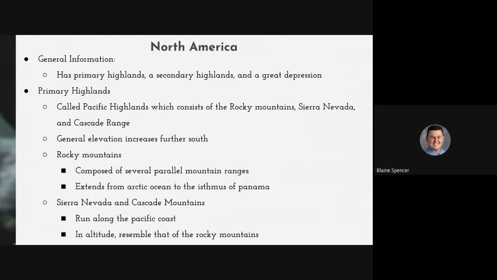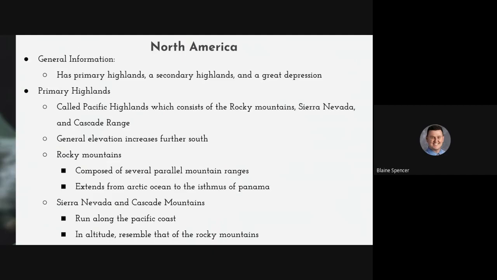So the primary highlands in North America is going to be to the west. The Rocky Mountains, Colorado, that area. This is going to be the Pacific Highlands, another name for it.